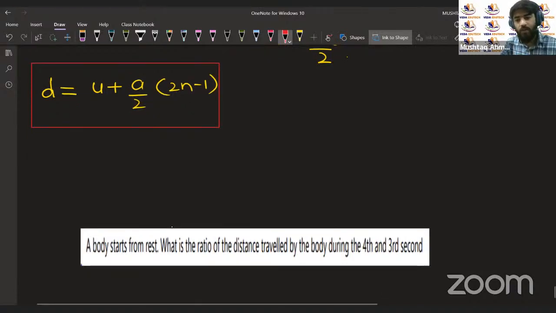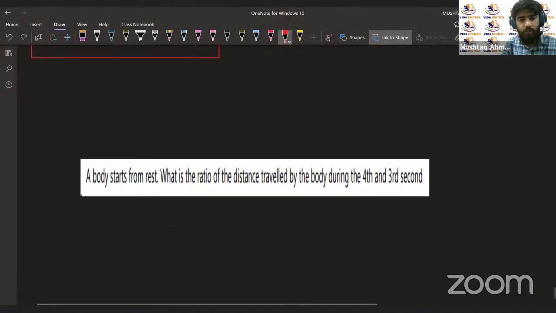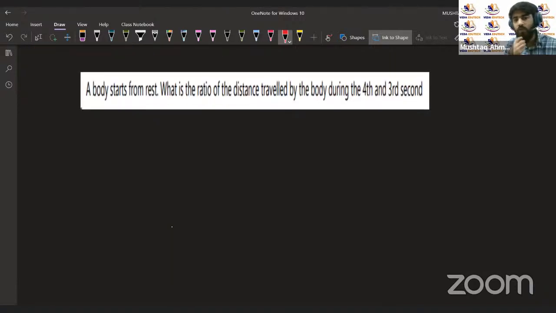So let's solve one question related to this. The question is that a body starts from rest. What is the ratio of distance traveled by the body during the fourth and third second? The body starts from rest, means u is equal to 0, and we know that distance in nth second d_n is equal to u plus a over 2 into 2n minus 1.